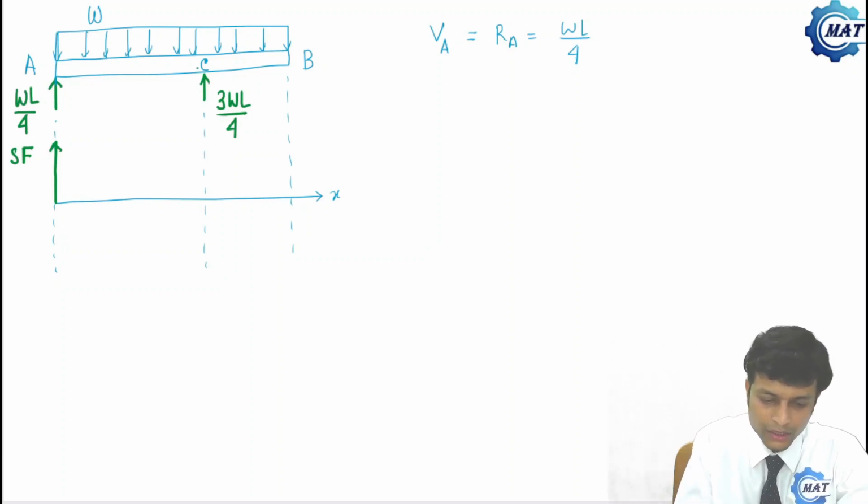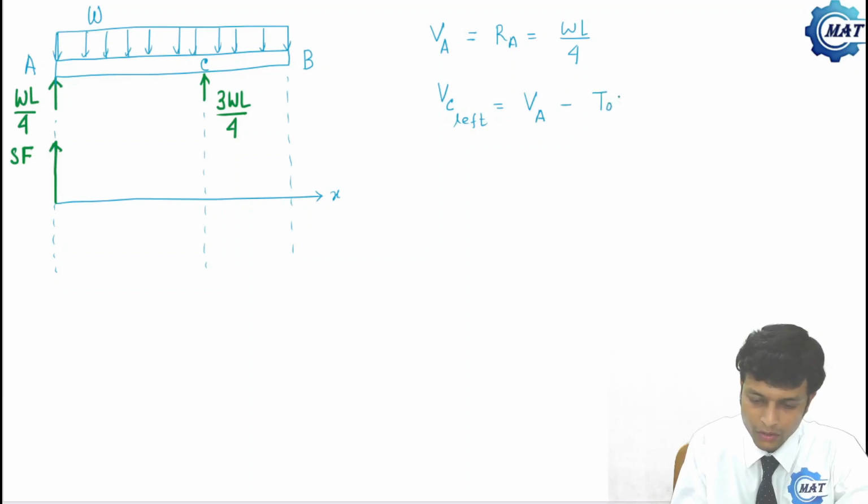Now what is shear force just left to point C? Shear force just left to point C is VA minus total load between A to C left.